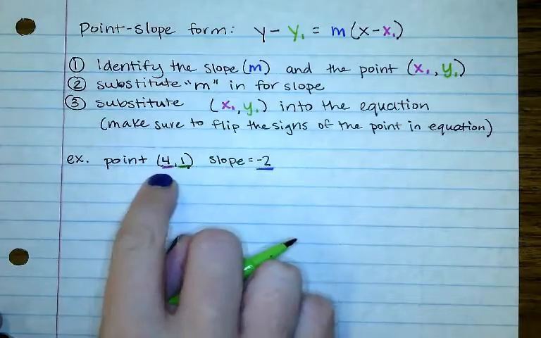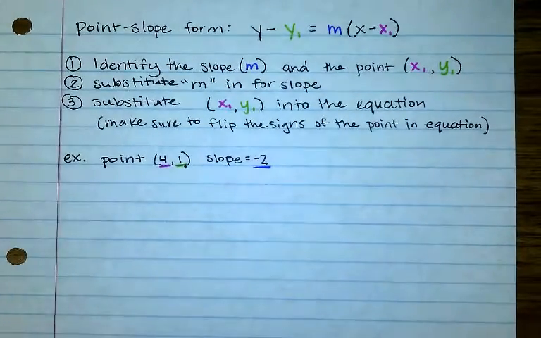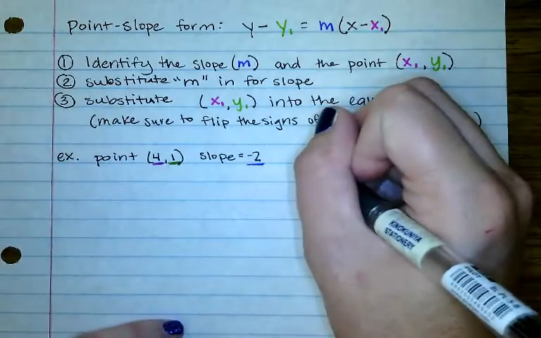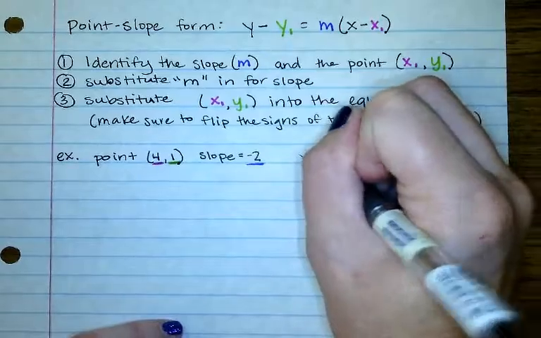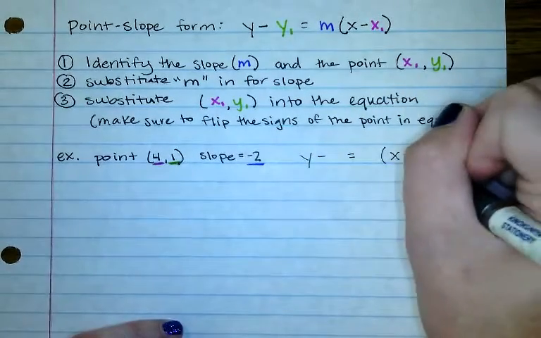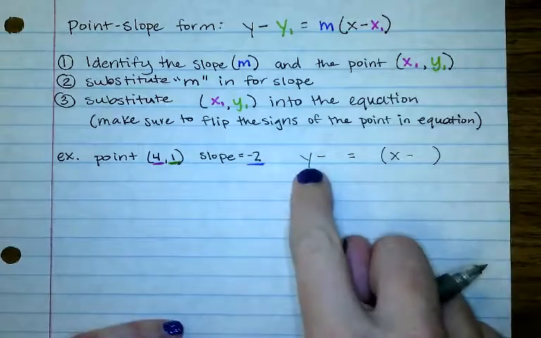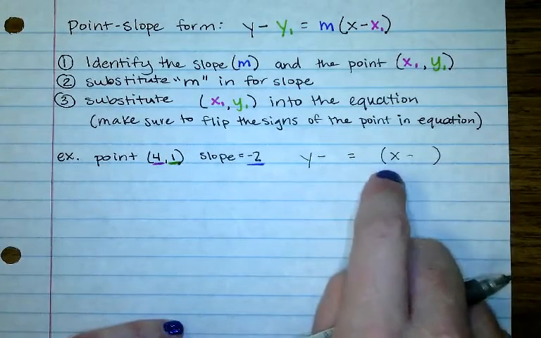Now we're going to substitute these into our equation. I'm going to write it out without all the points plugged in, so that we can plug these in together. So y minus y1 equals m times x minus x1. This is kind of a skeleton of the equation.